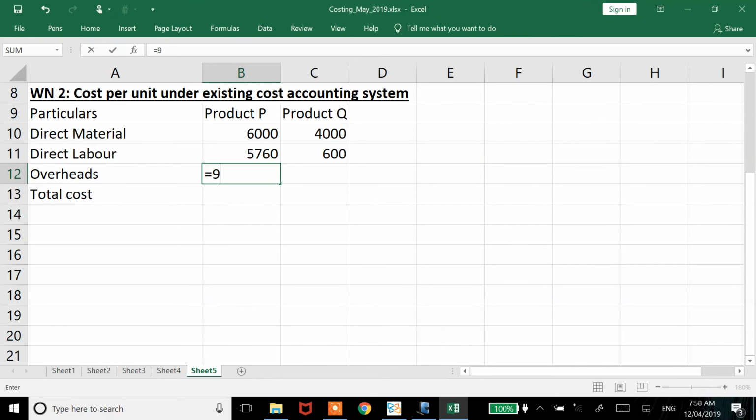Overheads is very simple: 960 into 52.5, that's the rate we have fixed, and 100 into 52.5.